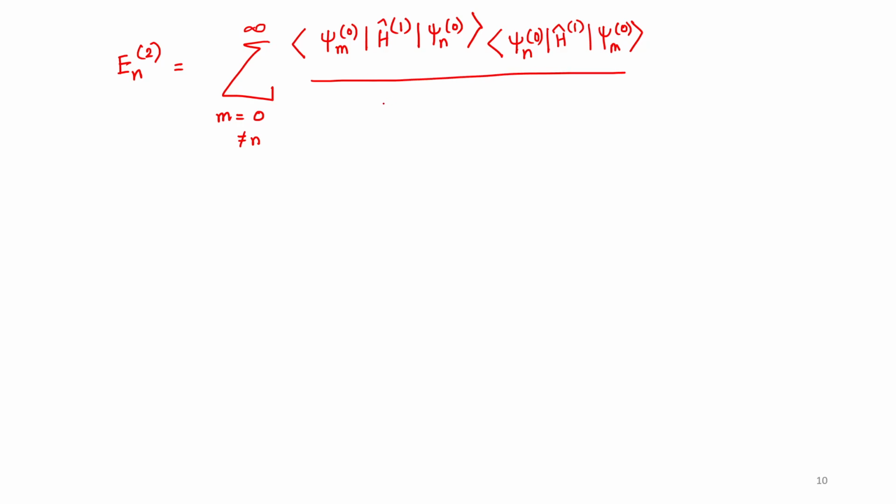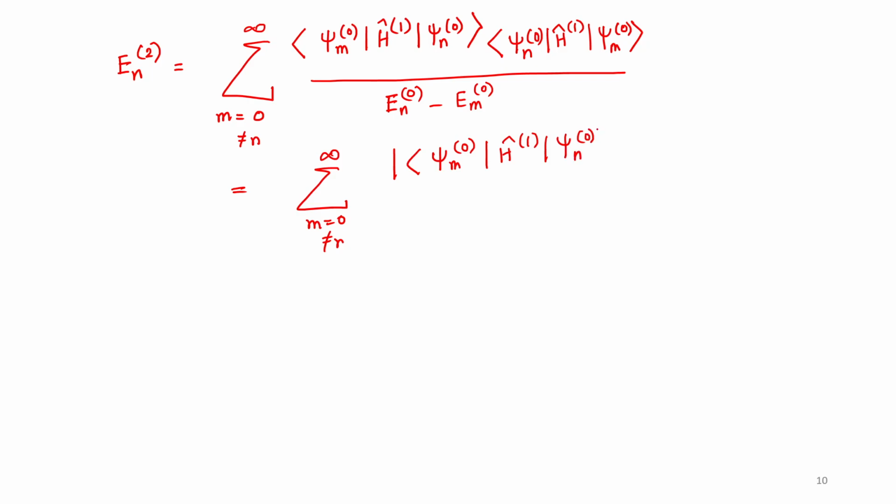Obviously, in the denominator there is E_n^(0) minus E_m^(0), and we can shorten it as a modulus.